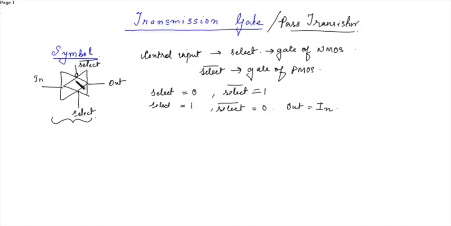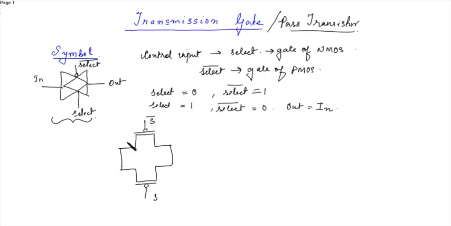This can be drawn as, this is the PMOS and this is the NMOS, and this is the input, select line, select bar.